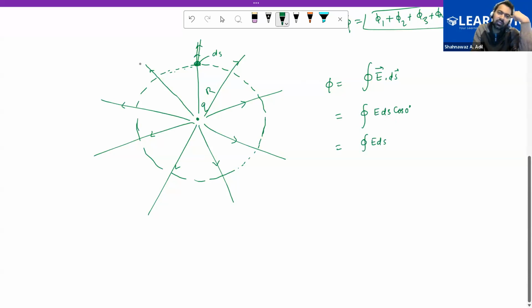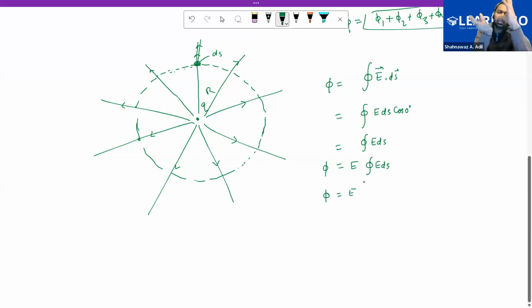Now the same electric field is coming out of this surface. At all these points, the electric field would be the same, uniform, so we can take it outside the integral, and this would be simply E ds. So now we have to just integrate over this surface.